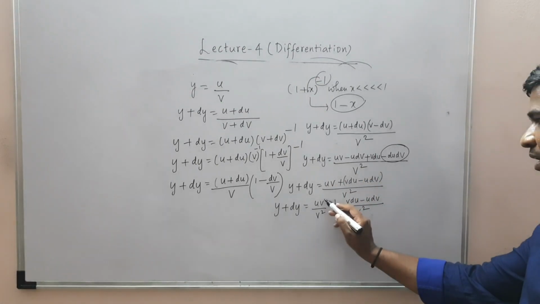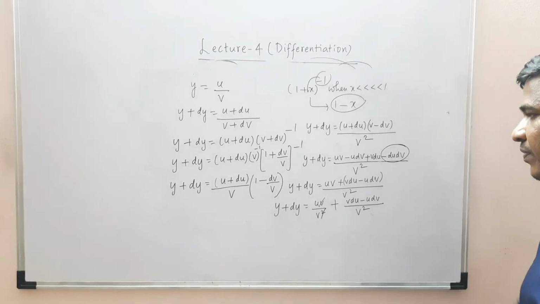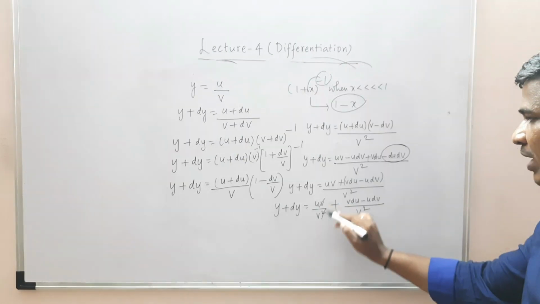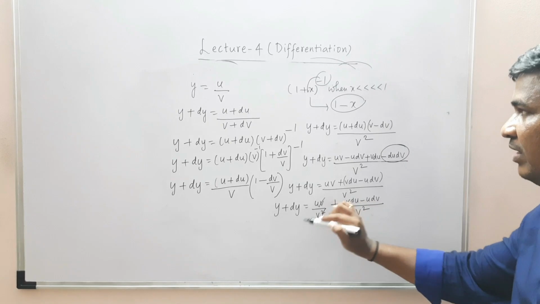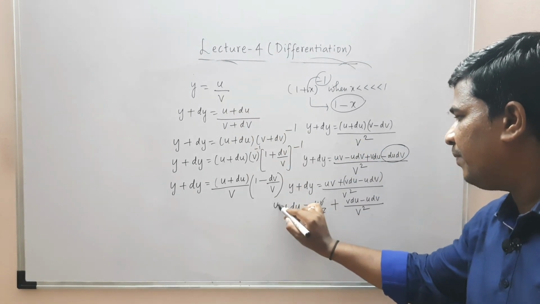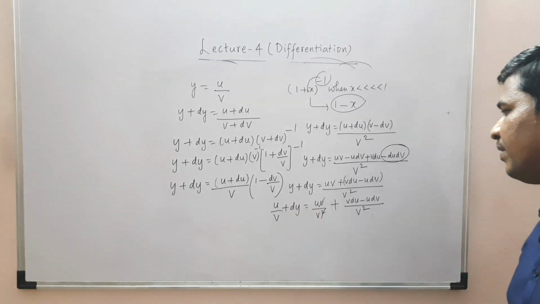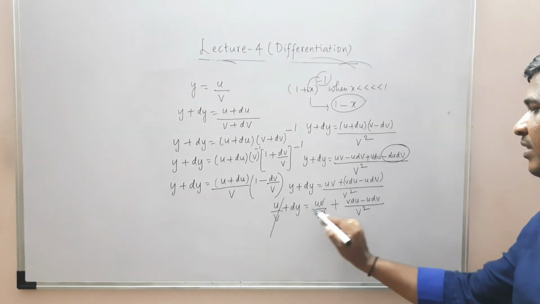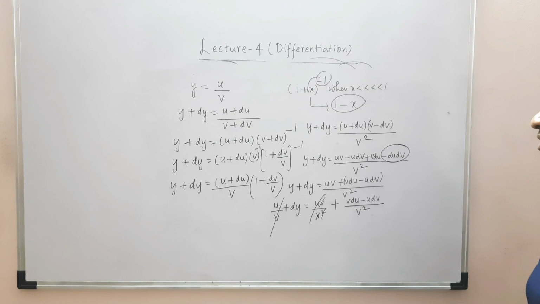So here I can cancel 1 v, so this will be u by v. You have u by v, but y is u by v, right? So this u by v and this u by v will cancel.